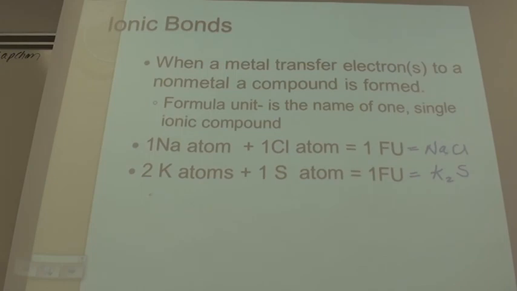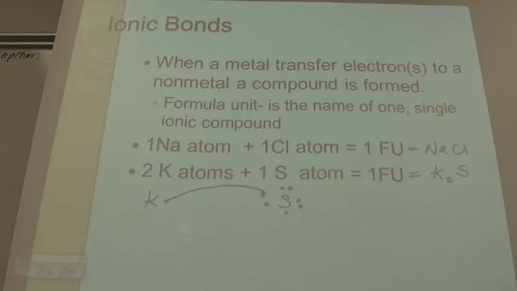And their charge depends on their Lewis dot diagram. Here's the Lewis dot diagram for potassium. Here's the Lewis dot diagram for sulfur. Potassium has this one valence electron to send over to sulfur when it bonds, yes? There it is.